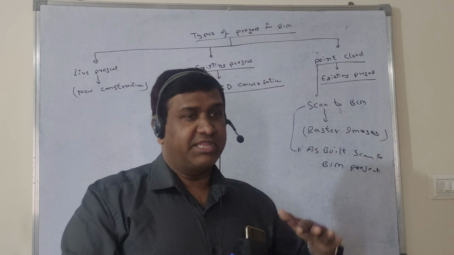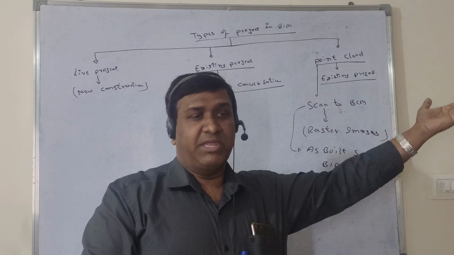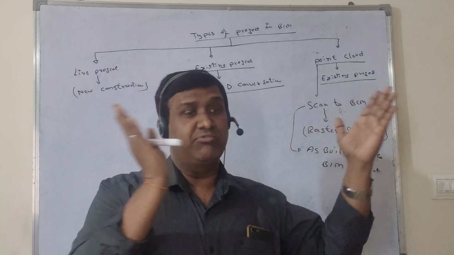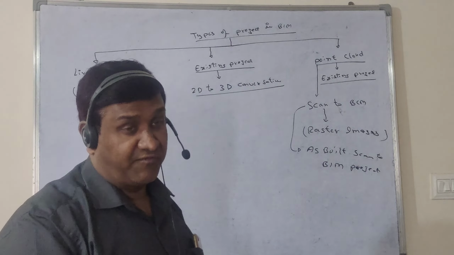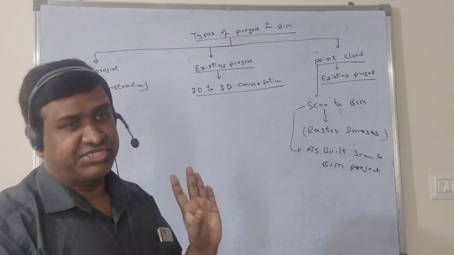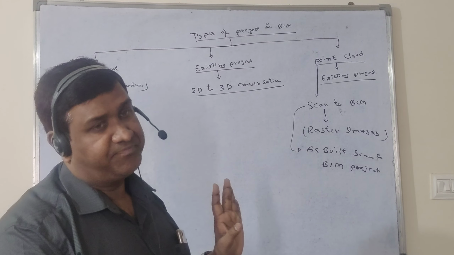By seeing that model they develop a new construction for this factory, same to same, a carbon copy. So there are three types of projects, and we work in BIM on both buildings and industries.